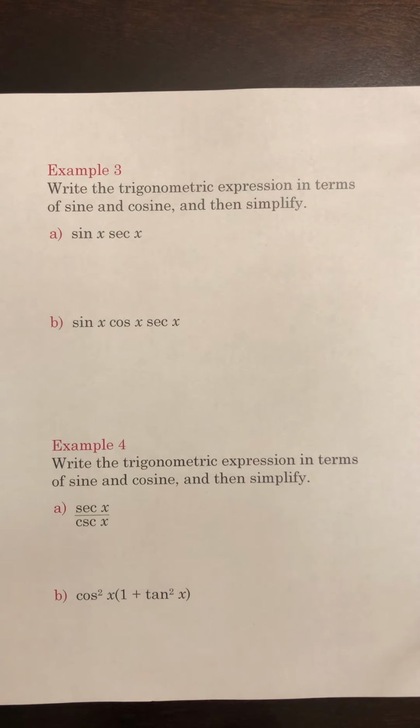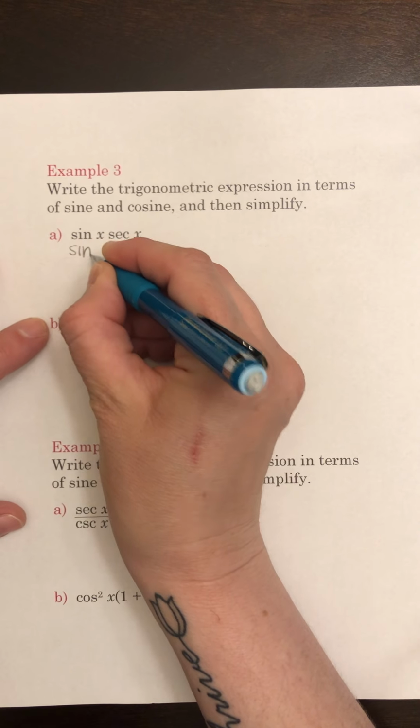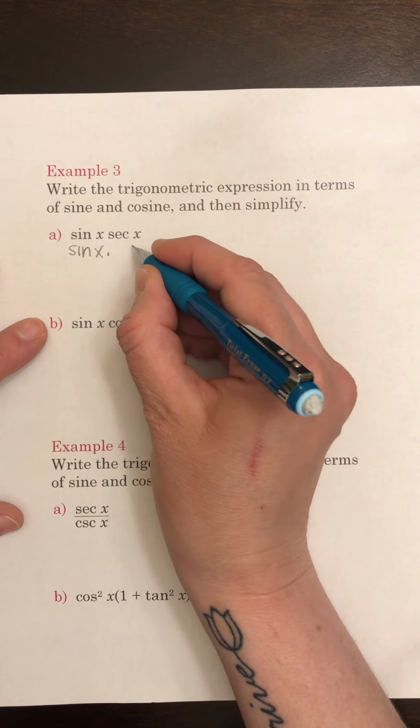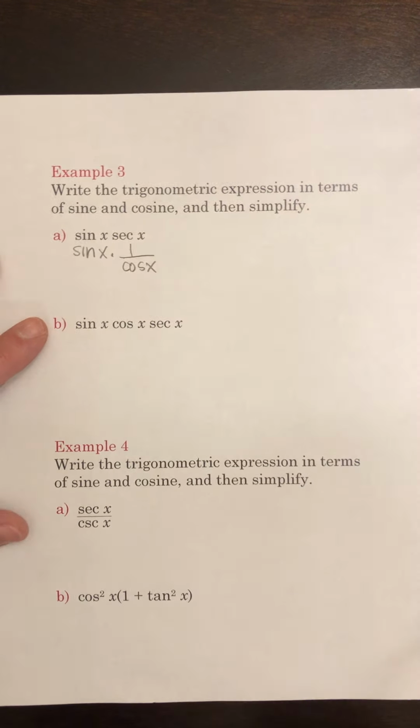All right, next example says to write the trigonometric expression in terms of sine and cosine and then simplify. So in other words, make everything in terms of sine or cosine and then see what you can do to simplify it. So sine x is already a sine, but what do we know about secant? Well, it's the reciprocal of cosine, so we're going to have 1 over cosine x.